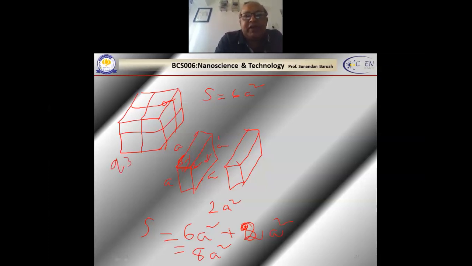If you break it further, it will be a cube. So the volume is not changing, but the surface area will keep on increasing. And if you take these small blocks to nanometer sizes, you will be surprised to know that the surface area might increase even 1000 to 10,000 times on the same volume.